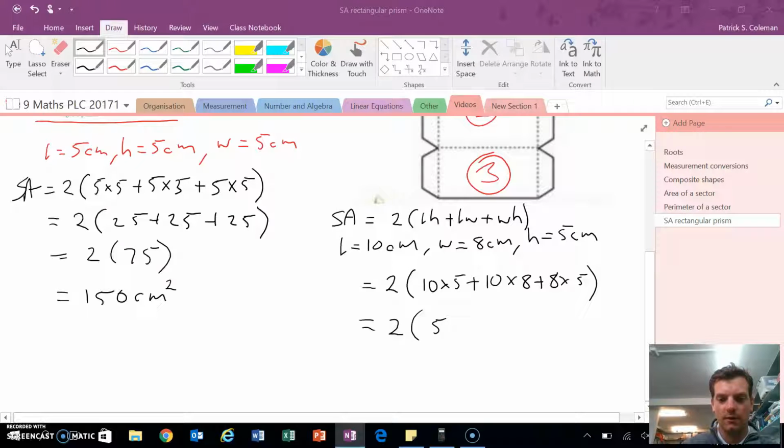Just go through and work all those out. So 50 plus 80 plus 40. We add all those together, we've got 170. So we end up with 340 centimeters squared.